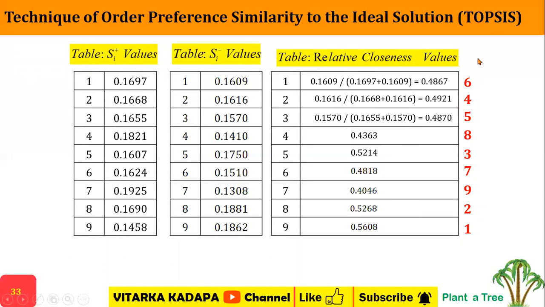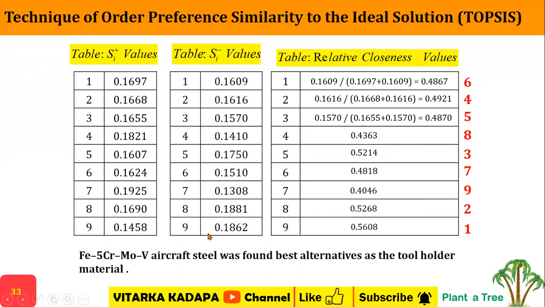So by the ranking method, I can say that the ninth alternative, the ferrous, chromium, molybdenum, vanadium, is the best alternative for this tool hole material. Now this is between 0 and 1. We are saying that our objective should be positive. Negative solution means 0, positive means 1. This particular value is very close to 1. So I will choose this as the best alternative.